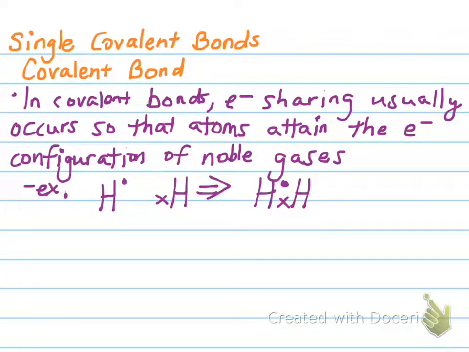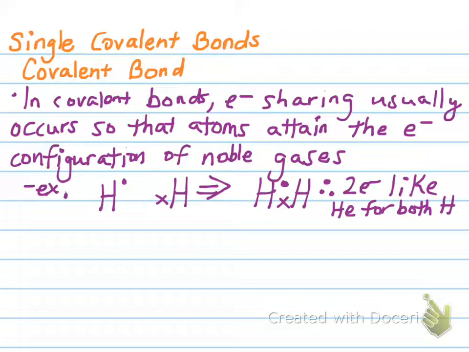Remember, hydrogen this way gets two electrons like helium for both hydrogens. So by sharing these two electrons here, both hydrogen atoms feel like they have two electrons like helium, the noble gas.